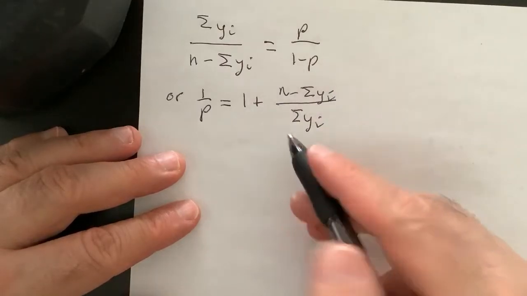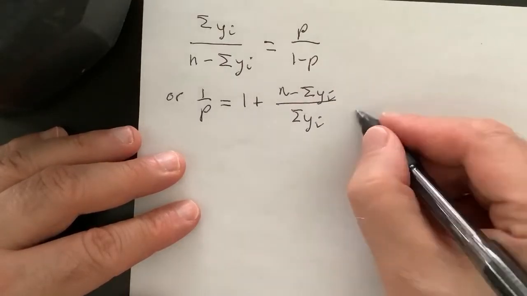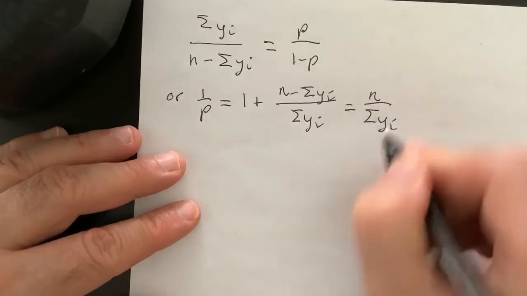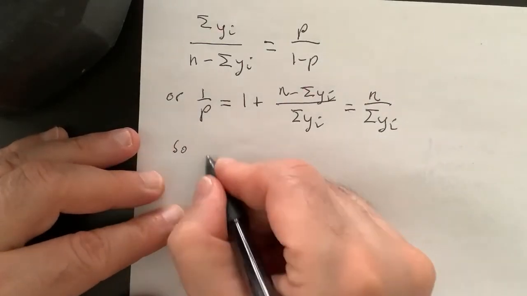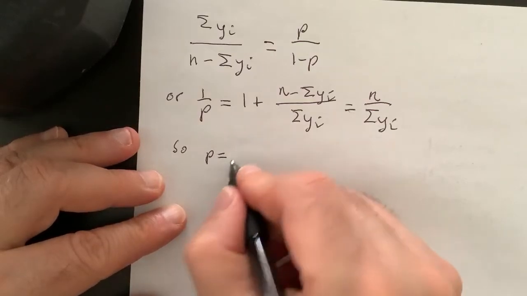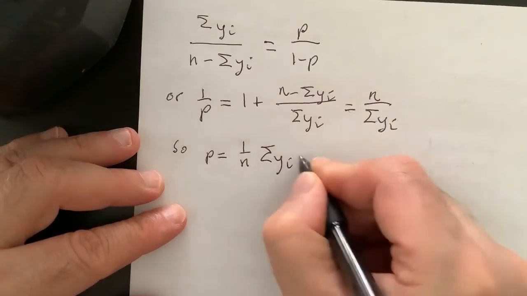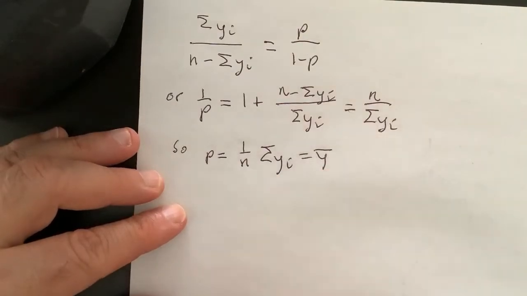Now this is just a 1 here and a 1 here, so this is equal to n over the sum yi. So P is equal to 1 over n times the sum yi, just equal to the sample mean.